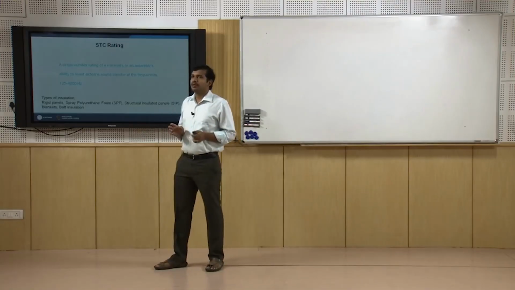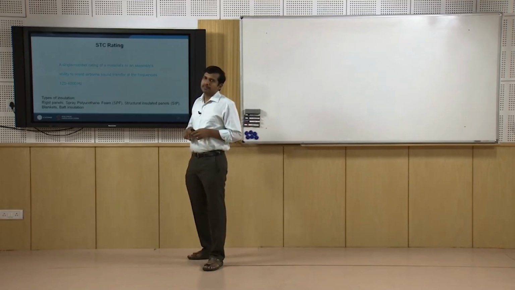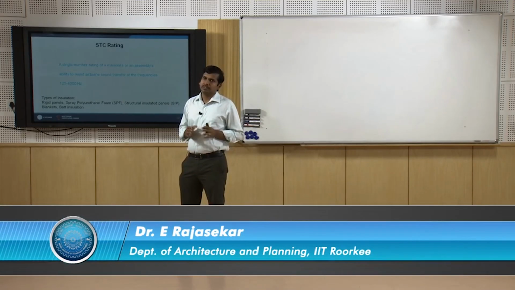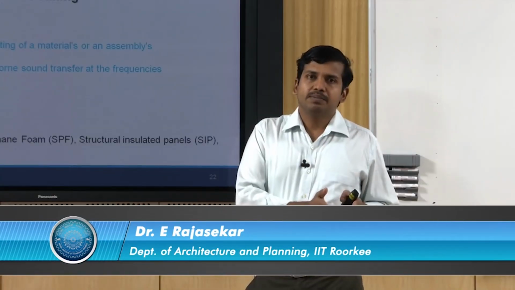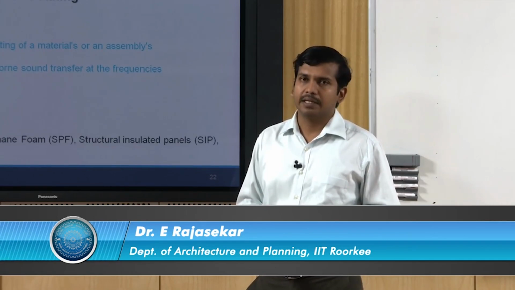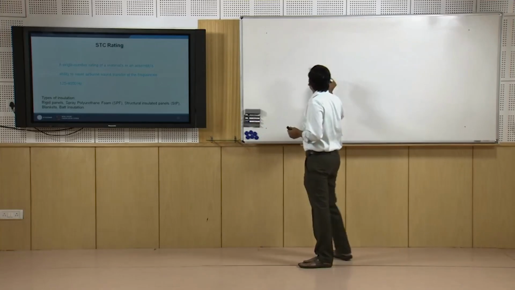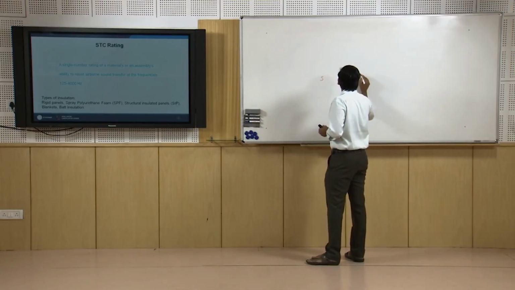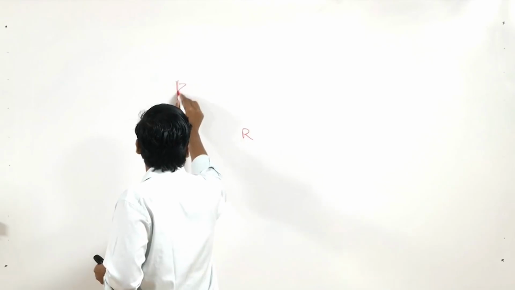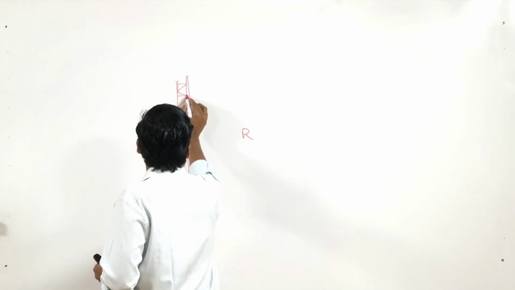One important thing you have to notice, say for example there are 2 rooms separated by a partition. The partition itself might have a very good sound transmission class. Say you have 2 sets of gypsum board with some glass wool insulation material inside. It may have a very good sound insulation. Say there is a source room and a receiver room. You have a gypsum partition, a glass wool layer, then the second gypsum panel.